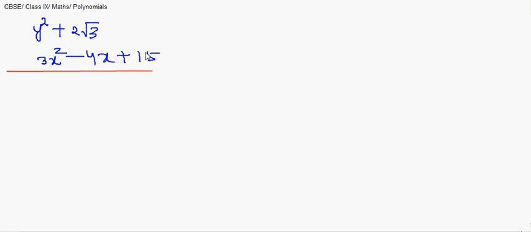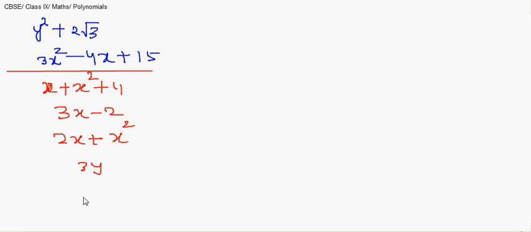We will classify them as linear, quadratic, cubic or biquadratic polynomials. x plus x squared plus 4, then 3x minus 2, 2x plus x squared, 3y, t squared plus 1, then 7t to the power 4 plus 4t to the power 3 plus 3t minus 2.